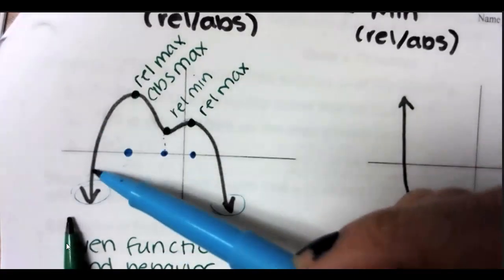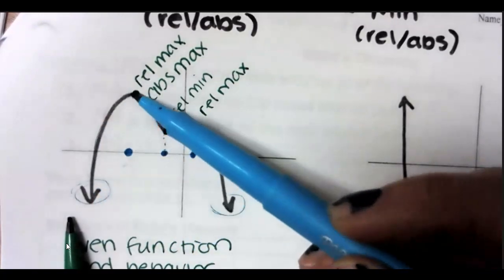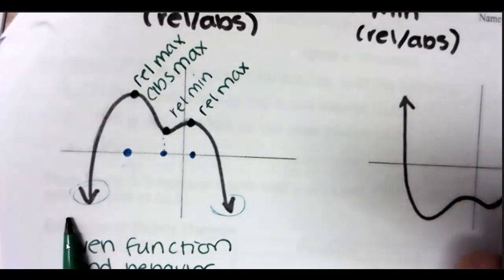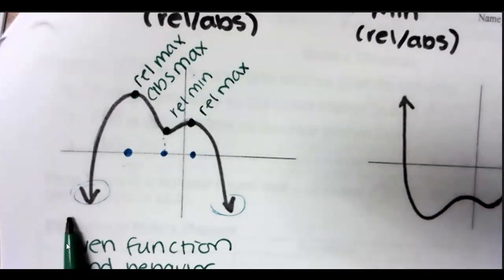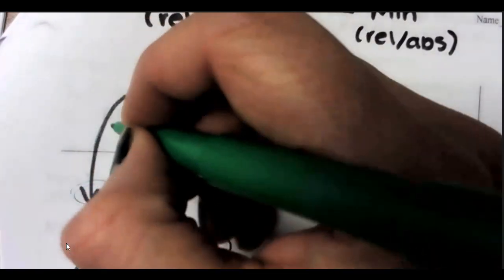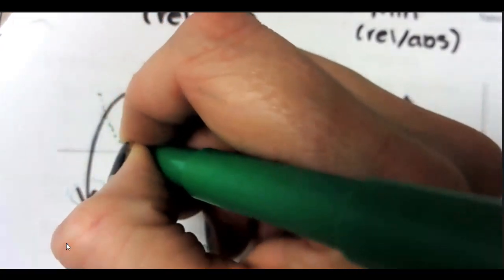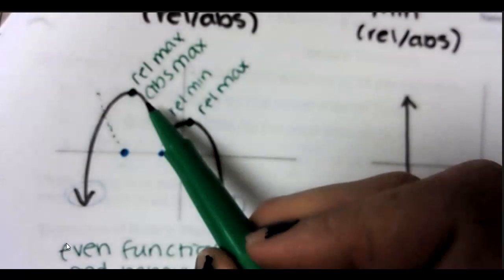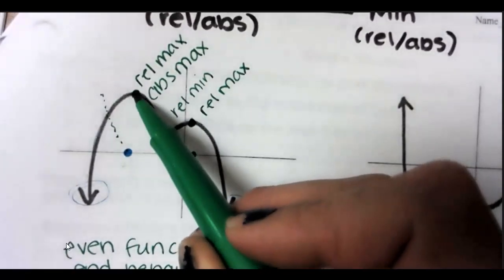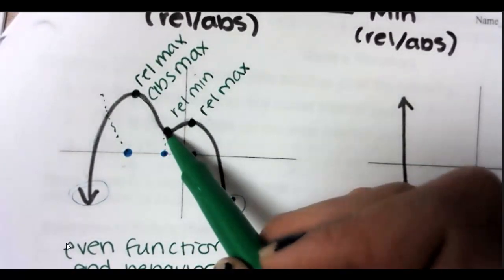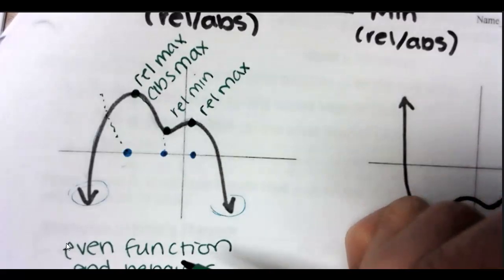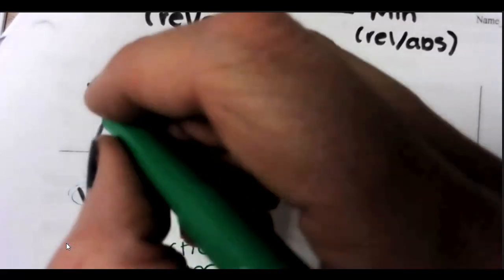If the original function is increasing, what does that tell me about my derivative? It has to be what? Positive. So this derivative is somewhere above that dot. If the original is decreasing, my derivative is negative.